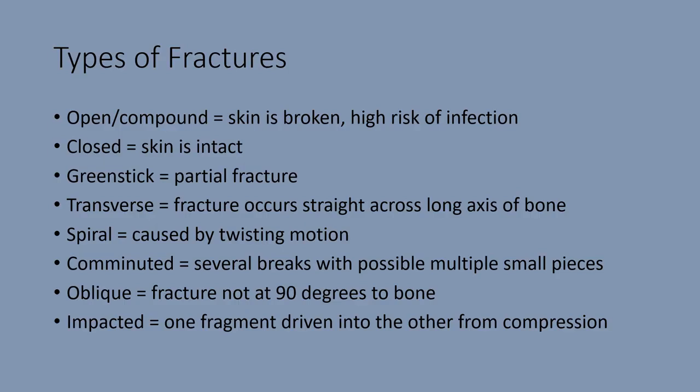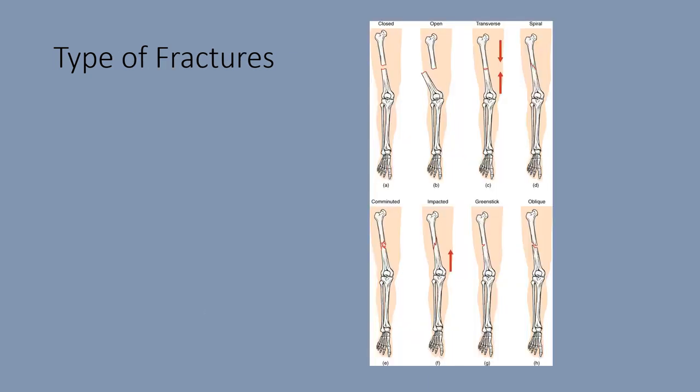Is it at 90 degrees to the bone or not? Does it look like one fragment was driven into the other one, like really pushed into it? So they'll look at all that from the x-rays. And then obviously set the bone, in other words, line it up properly so that proper healing can occur.